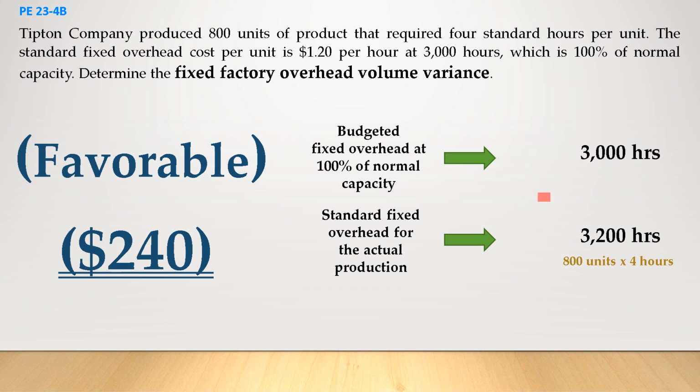And then the result is $240. That is favorable. How do we arrive at this $240? Simply 200 hours multiplied by the 1.2 standard rate.